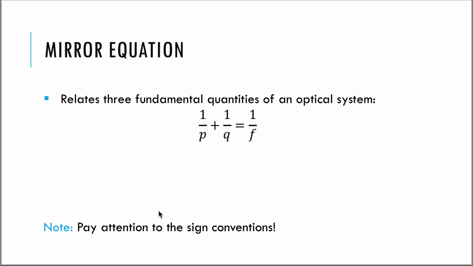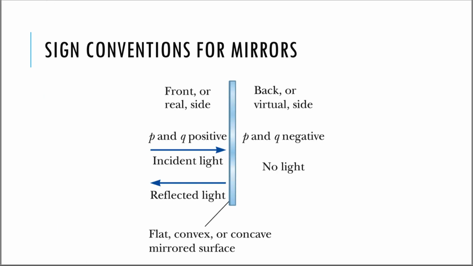When using this equation, you must pay attention to the sign conventions. What I mean by that is, in the following slide, you need to know if p is positive or negative, and q and f. This is a nice visual. It shows that this is the front, or the real side, of the mirror. The object is on the left side here.